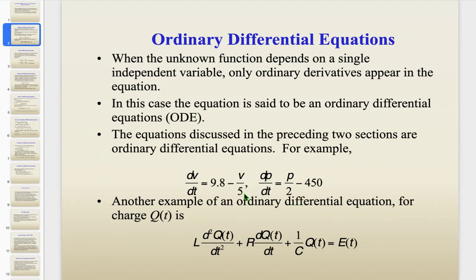This function Q is a function of t only, presumably time. But this differential equation involves not only the first derivative of Q, but also the second derivative of Q and the function Q itself. That's perfectly okay. That's still an ordinary differential equation.